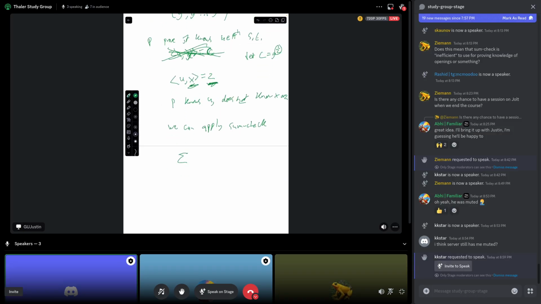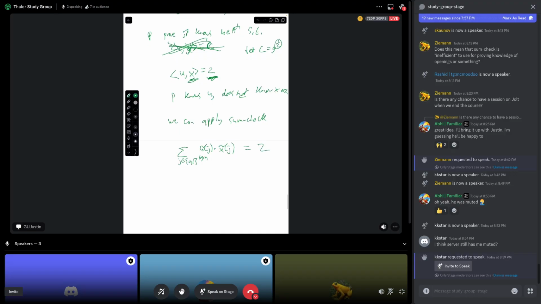So now I'll sum over J in 0, 1 to the log n of U twiddle of J times X twiddle of J, and prove that this equals Z. Sorry for reusing X like this.